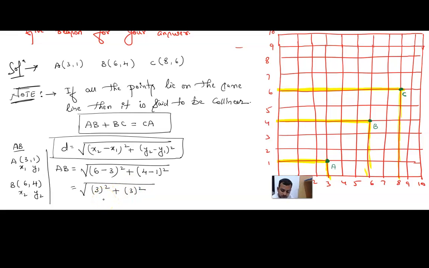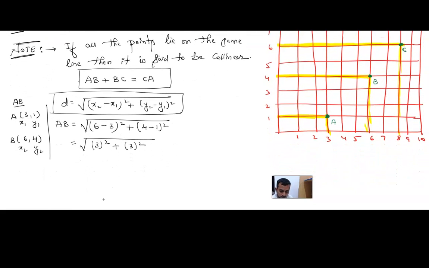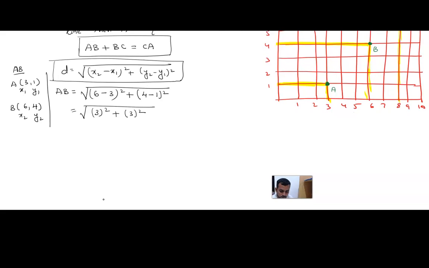Are you getting these steps, children? Good. That is equal to root of 3 square, that is 9, plus 3 square, that is 9. 9 plus 9, not 81. We are adding, not multiplying. Be careful. 9 plus 9, that is root 18.